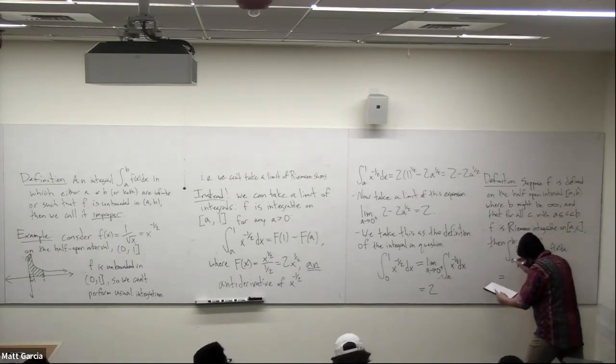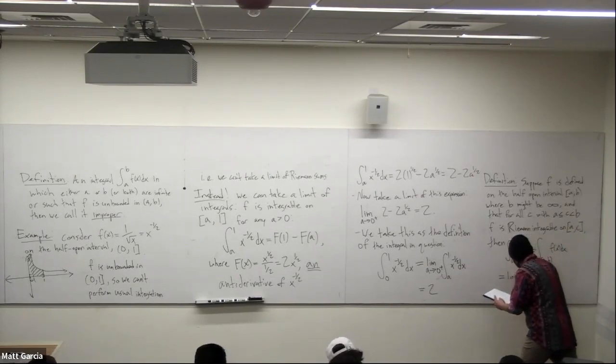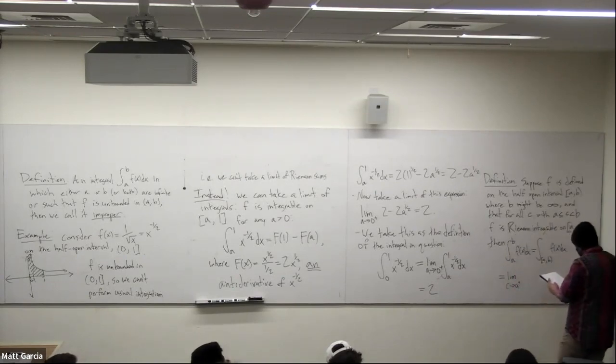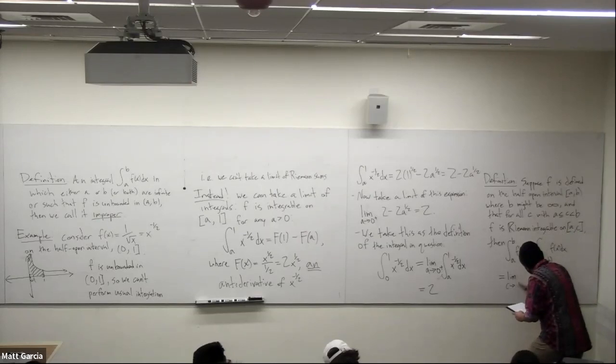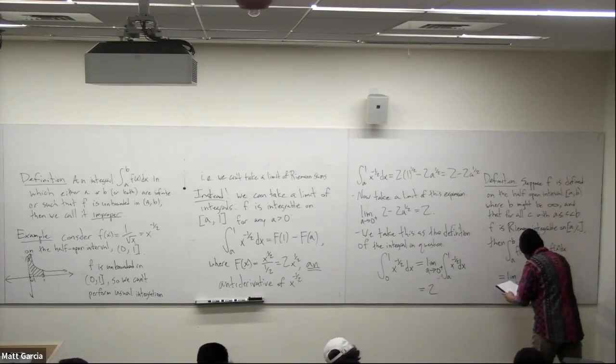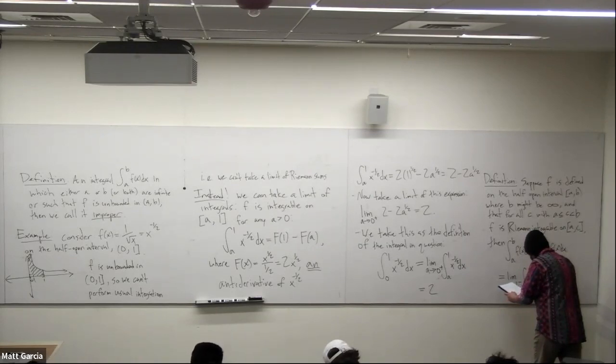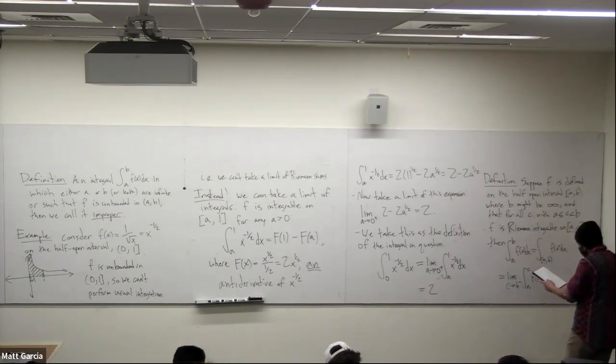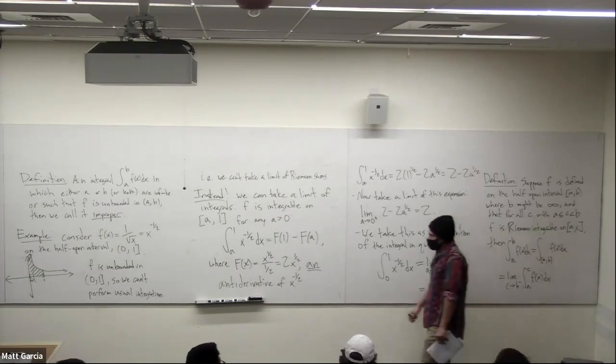It is equal to, here's the part of the definition, the limit as c approaches b from the left of the integral from a to c of f of x dx.